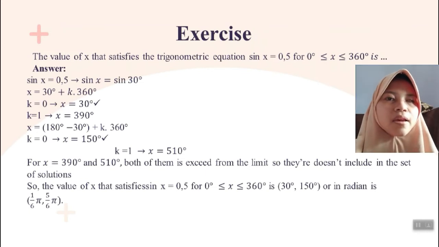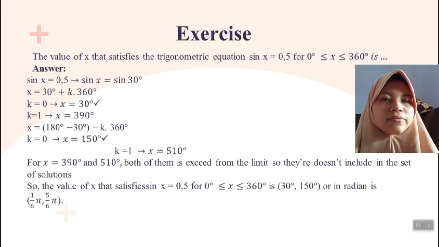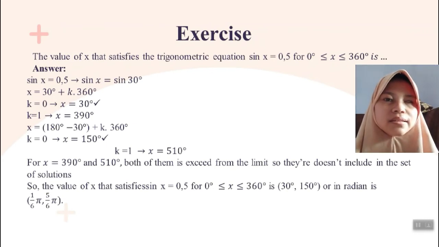Exercise: find the value of x that satisfies the trigonometric equation sin x equal to 0.5 for 0 degrees less than or equal to x less than or equal to 360 degrees.